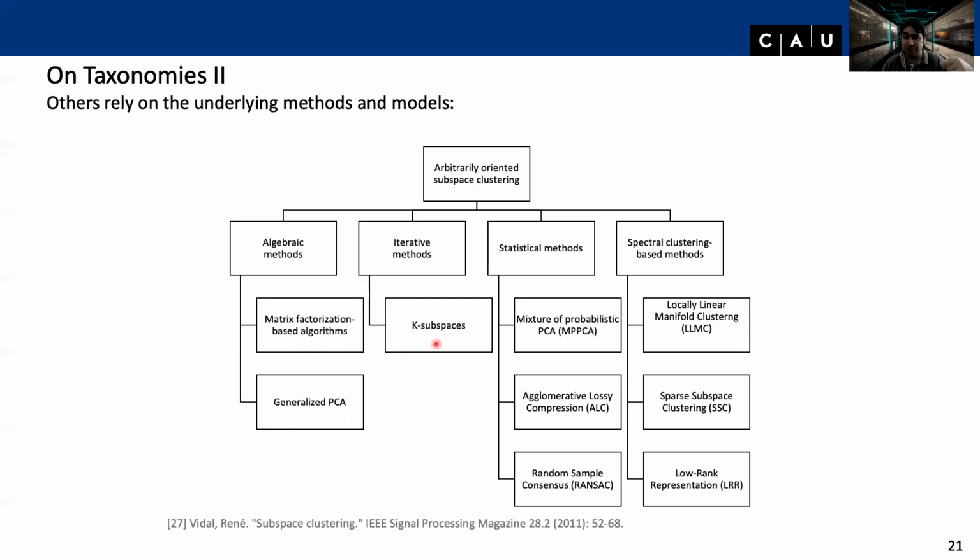With each iteration, it starts to find better and better clusterings, or to build up the clustering. Then we've got statistical methods like, for instance, random sample consensus, known as RANSAC, or spectral clustering based methods, so local linear manifold clustering or sparse subspace clustering, low rank representation, and so on. So here you have a different categorization, a different taxonomy: algebraic, iterative, statistical, and spectral based.